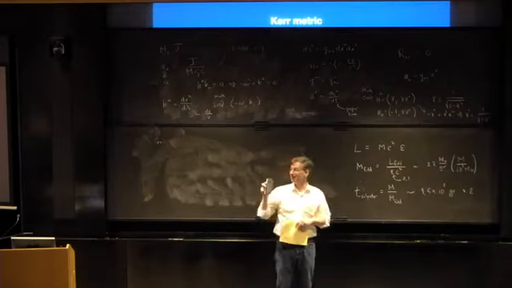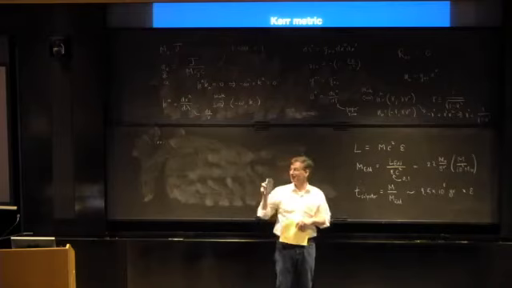All right, so equation of motion. We know that for a massive particle, dx^mu d tau is equal to u^mu, and du^mu d tau is equal to minus Gamma^mu_{nu lambda} u^nu u^lambda.